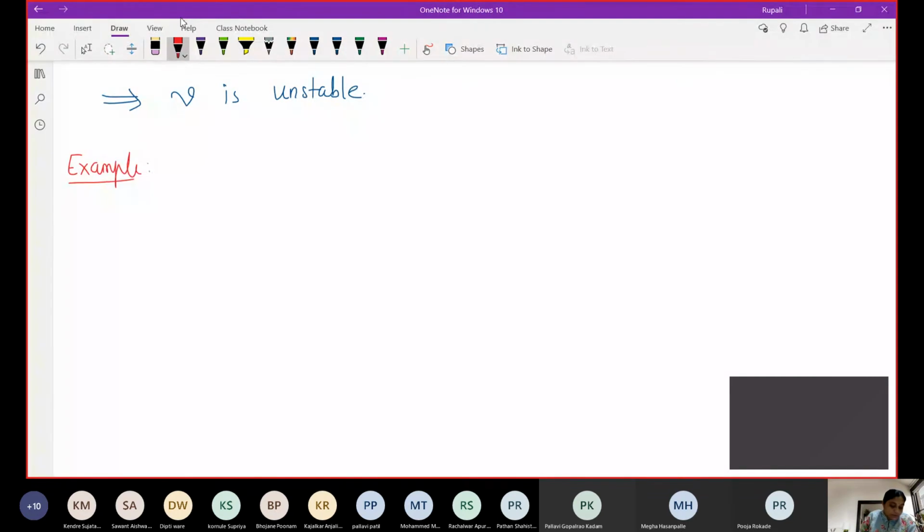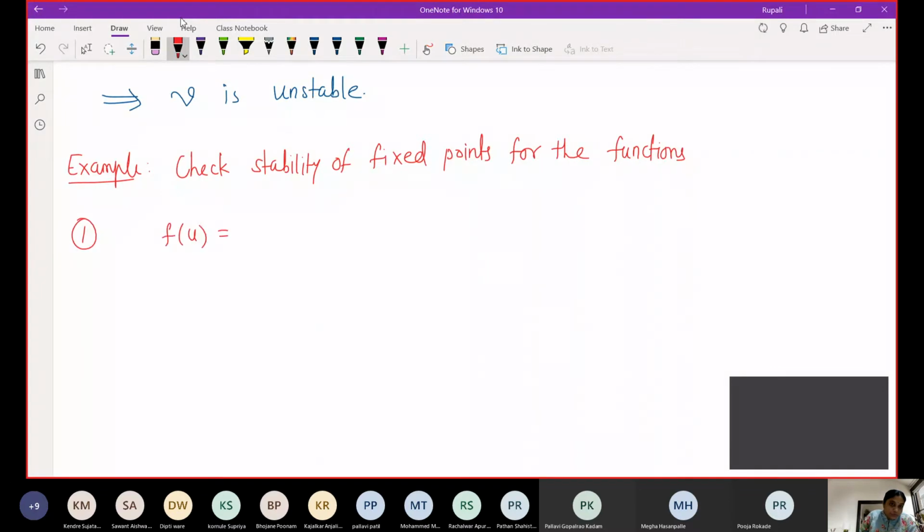Check stability of fixed points for the functions. The first function is f of u equal to 2u times 1 minus u.